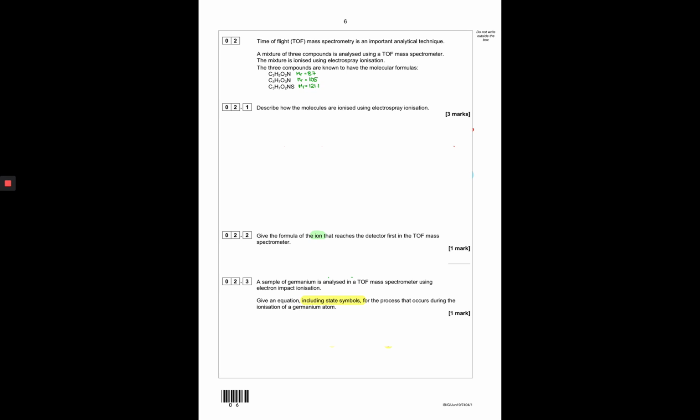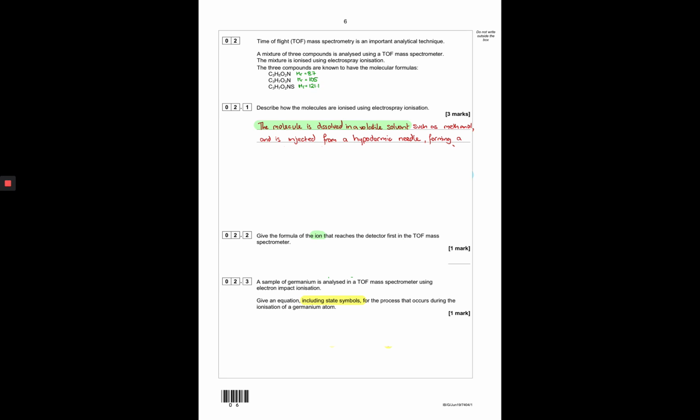Every other question they'd asked where we had to explain how molecules were ionized had always been about firing high energy electrons at the molecule. But this one was about electrospray. So it was hard in the sense that students won't have had much practice writing this out and explaining it. And it's 3 marks, of course.